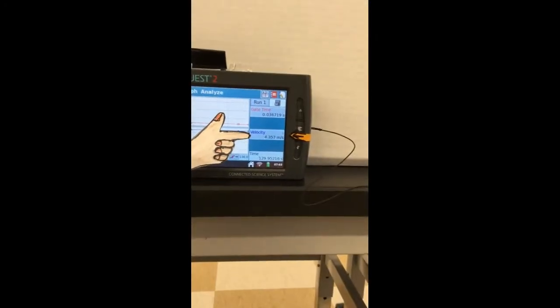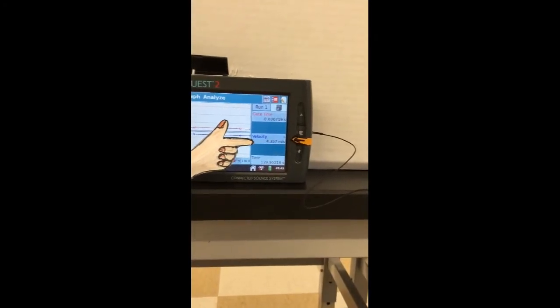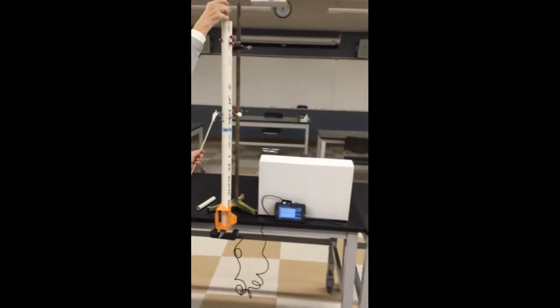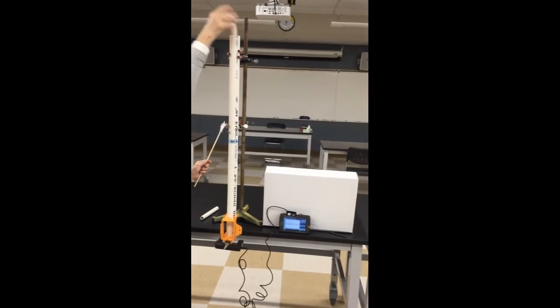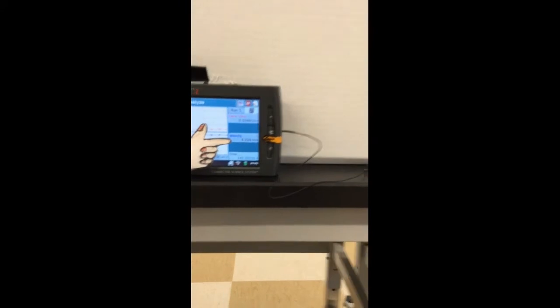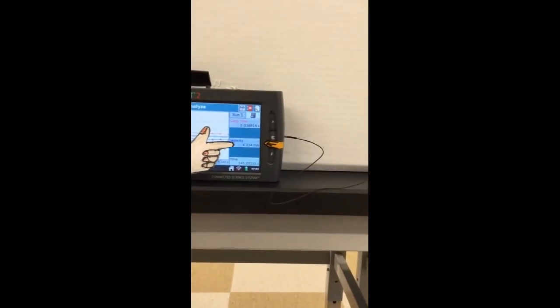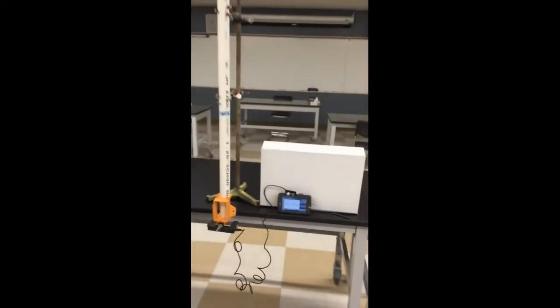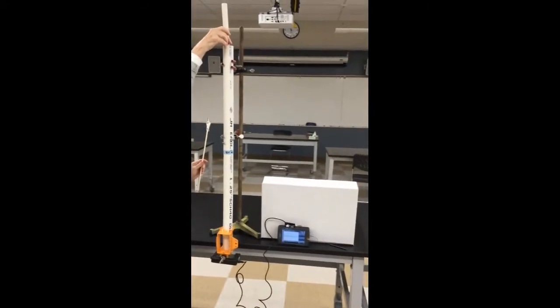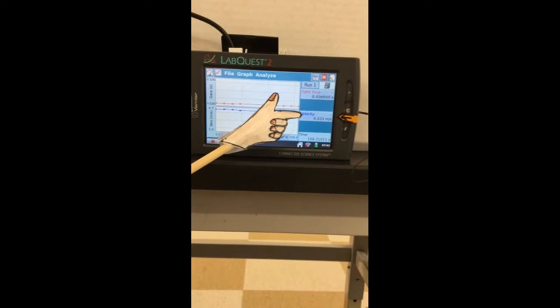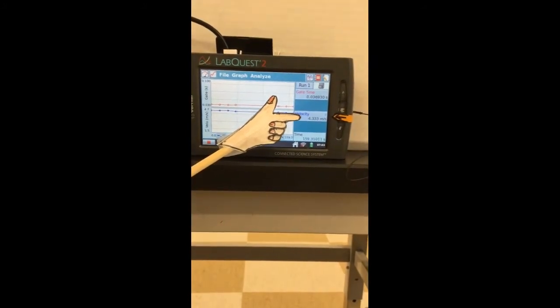Velocity is 4.357. Run number 3. Velocity is 4.334. And run number 4 is 4.333.